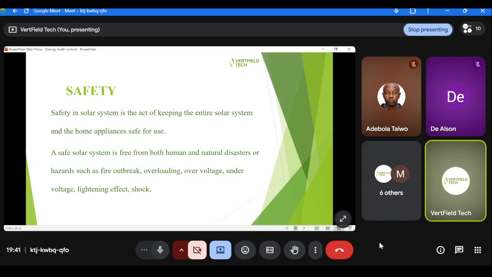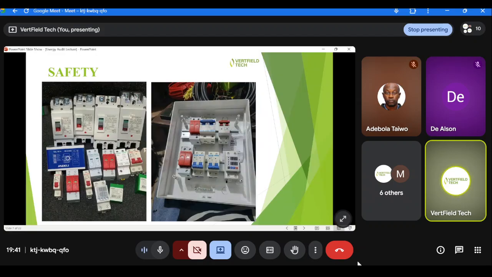It is as important as you using other safety tools and gadgets. But the question comes, how well do you know how to implement this safety as it concerns your solar power system? That is the question. And if you are able to answer that question, congratulations to you.